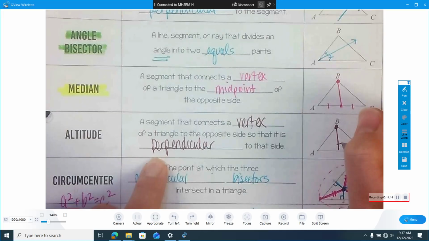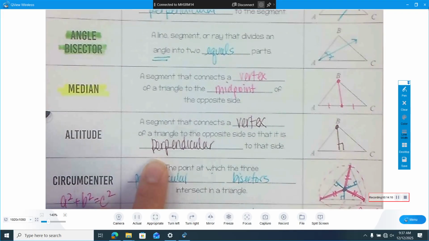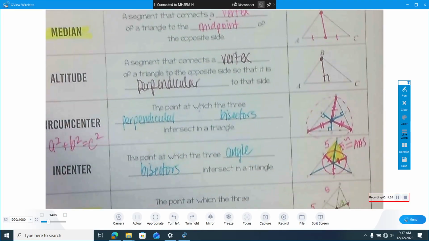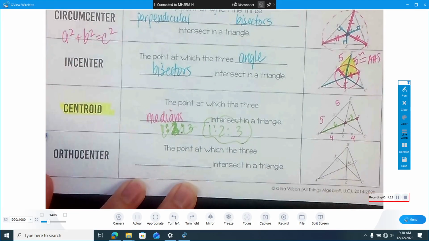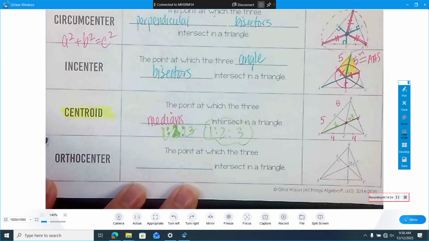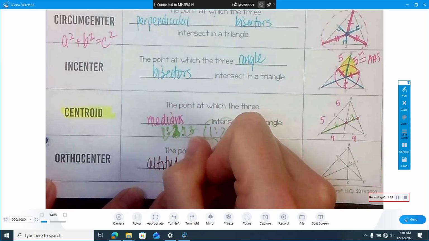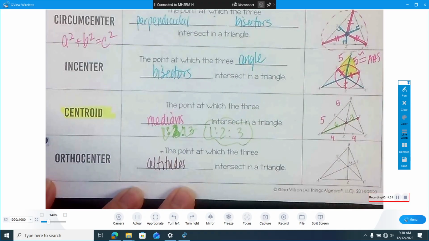So it drops down perpendicular to the third side is an altitude. And the orthocenter at the very bottom, the point at which 3 altitudes intersect in a triangle. So this is point M where we have the intersection of 3 altitudes. Nothing special about that.